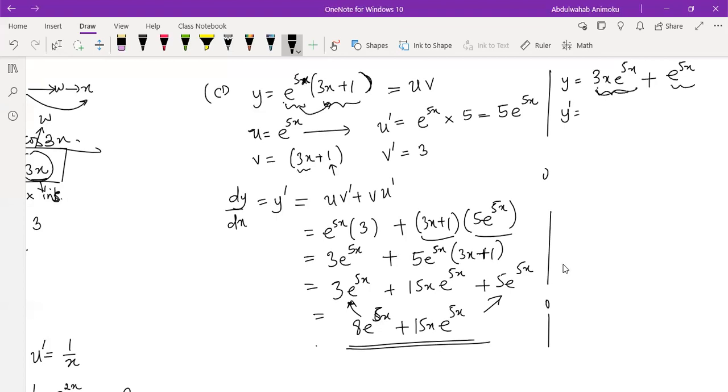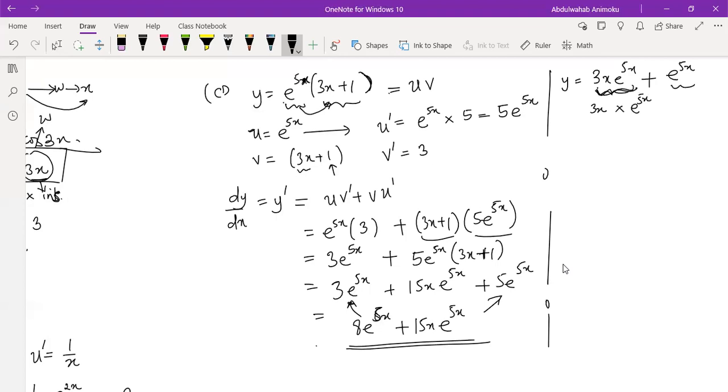Before we go to dy dx, notice that here we have the product rule for this function. The first one is 3x, and the second one is e raised to the power 5x.